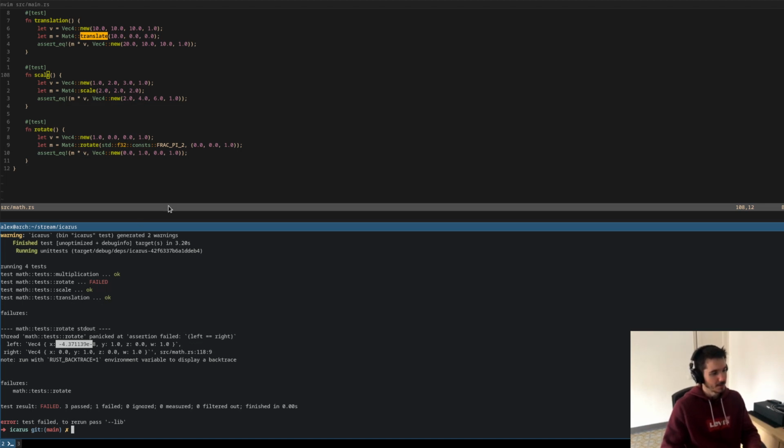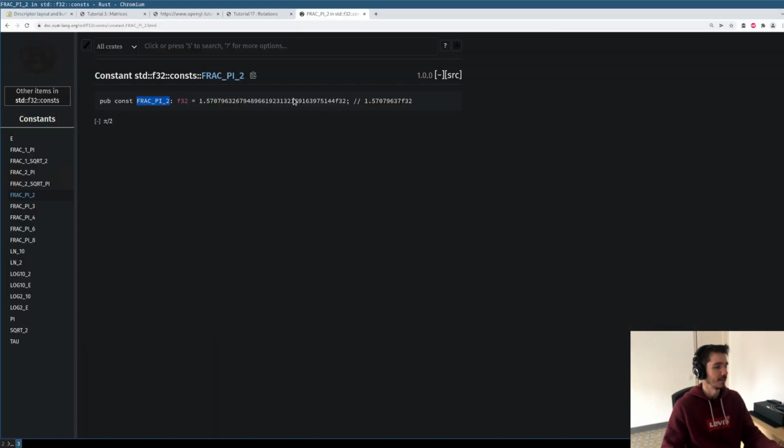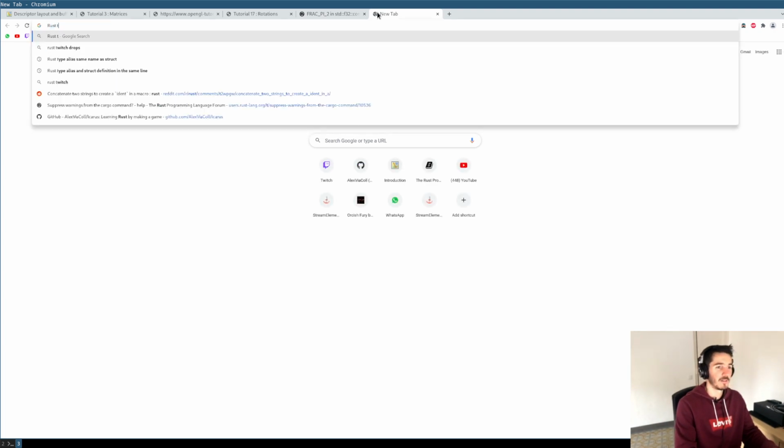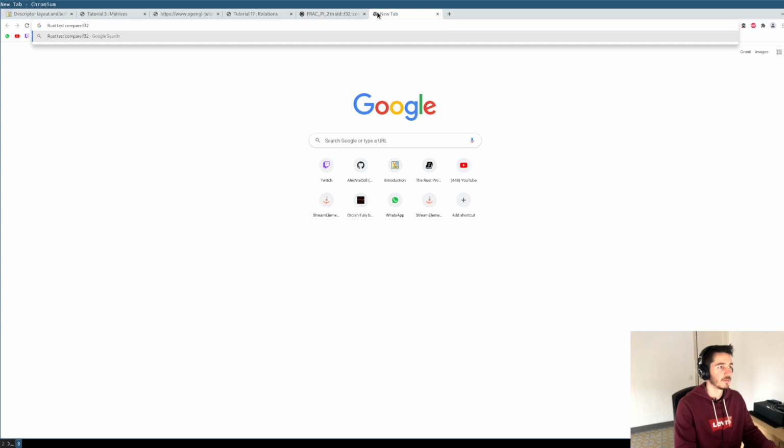We get a precision error, and how do we deal with that? Do we have any helper? First, compare F32.